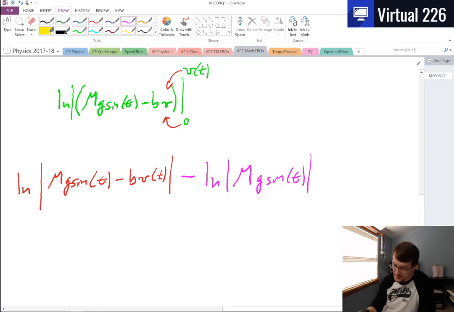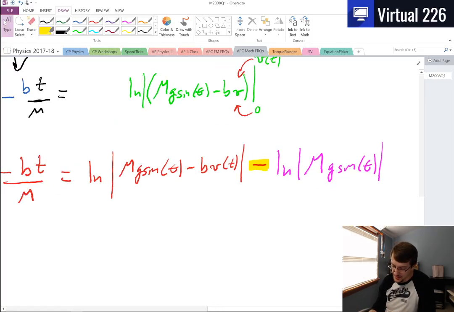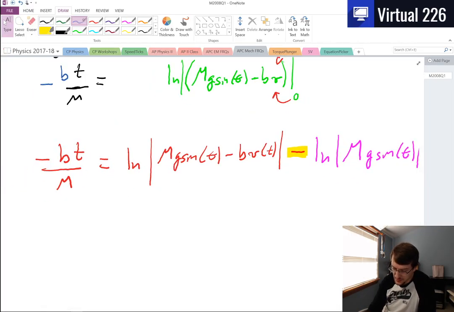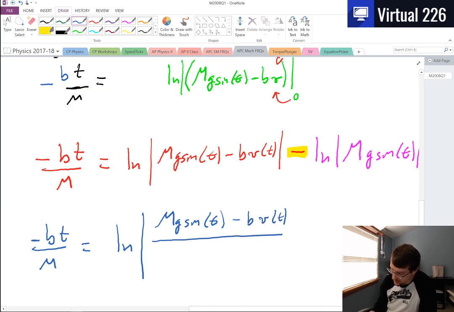Well, if we remember back to our log rules, when we're subtracting logs, we're actually dividing. So we can rewrite this as minus bt over m equals the natural log of mg sine of theta minus b v of t over mg sine of theta.